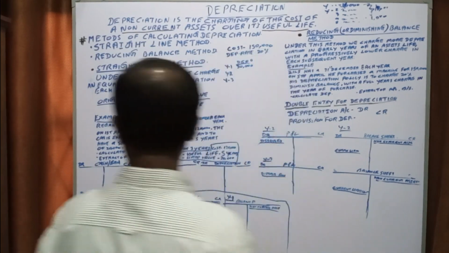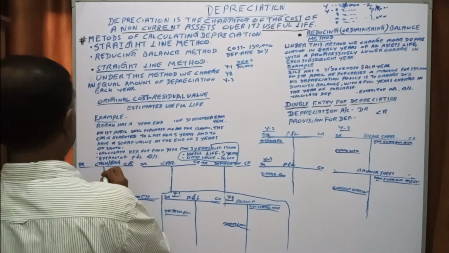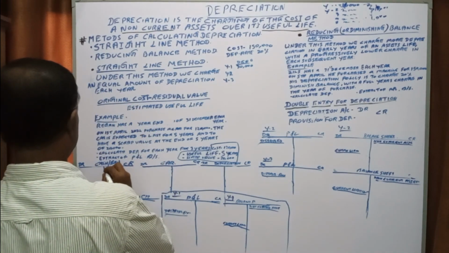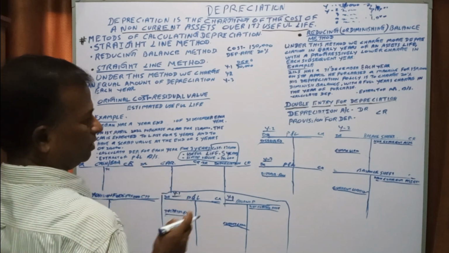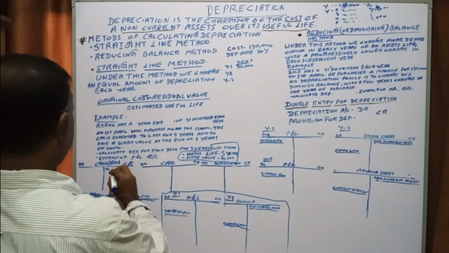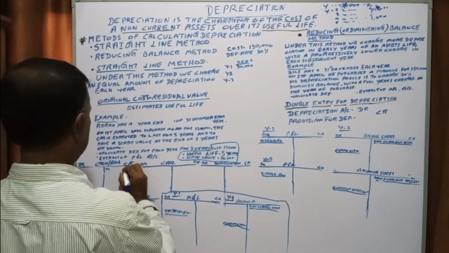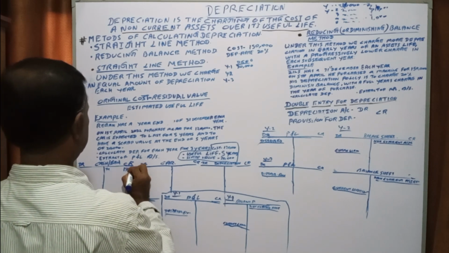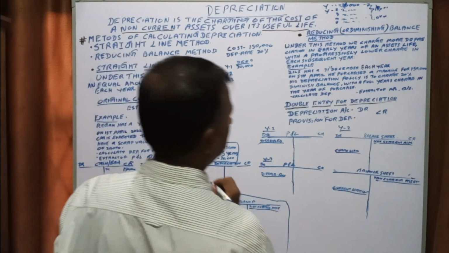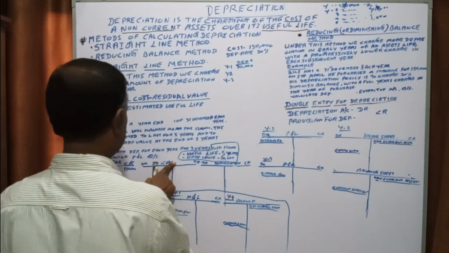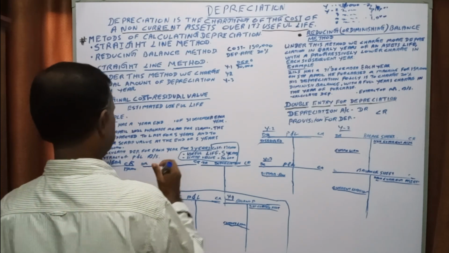Here, first year 1, cash we are paying, saying 150,000. We have purchased the car. Okay, machinery. Here it is a machinery. Okay, not the car. Machinery.